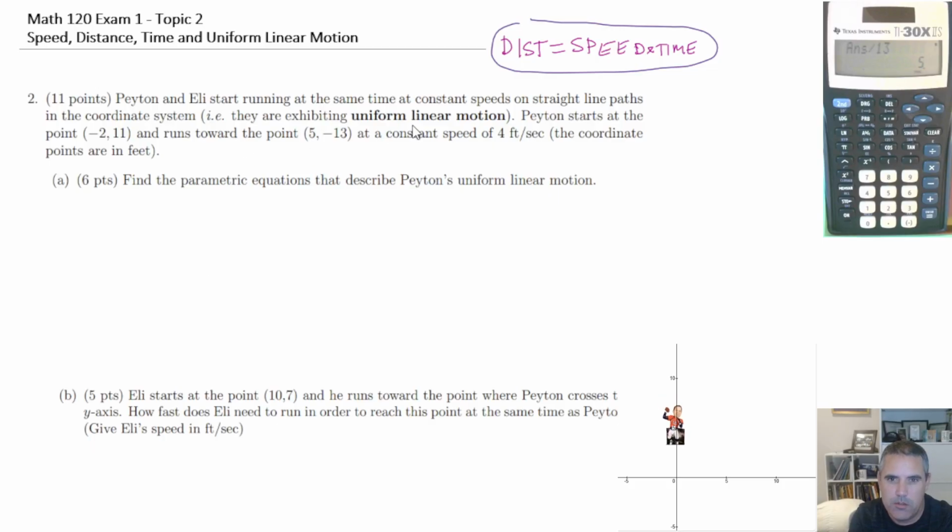Okay, so the moment you see uniform linear motion, you are filling in the following. Let's review quickly. I need a starting location, and I need what I labeled as the horizontal velocity, change in x, over the time it takes.